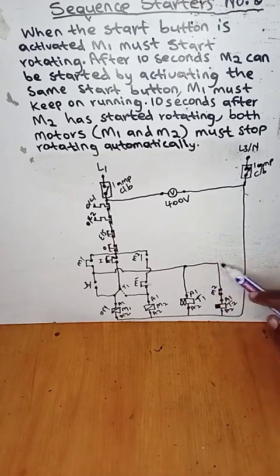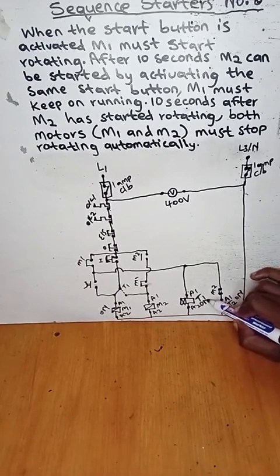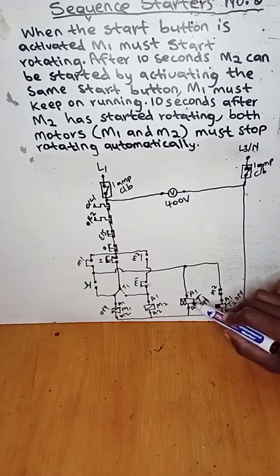So it has also flowed to the close contact of motor 2, which means current will flow all the way to the A1 of delay on timer, in which means it will also have A2. So the delay on timer will also be on, right?